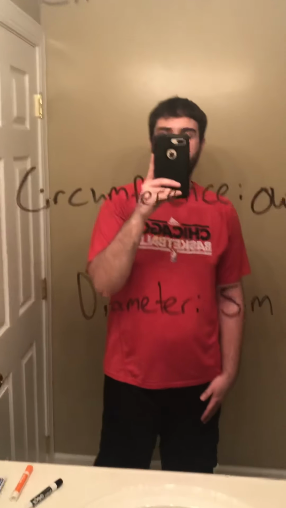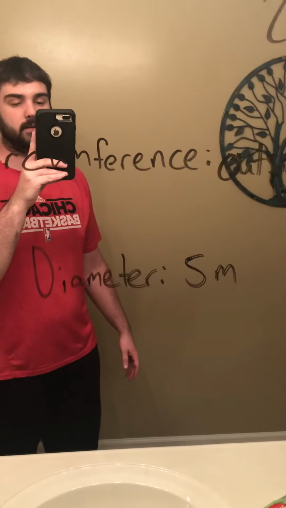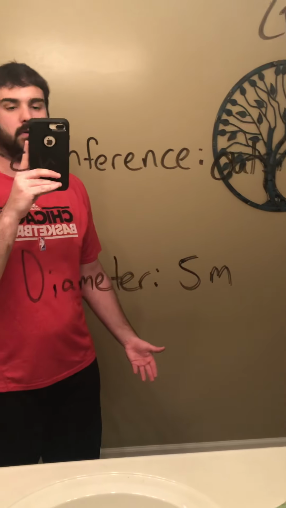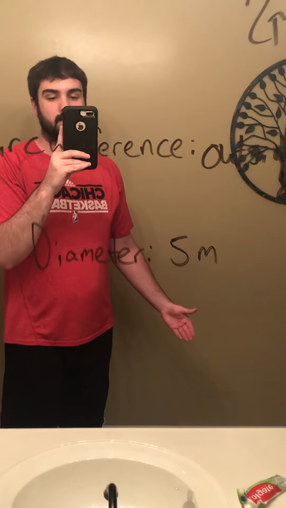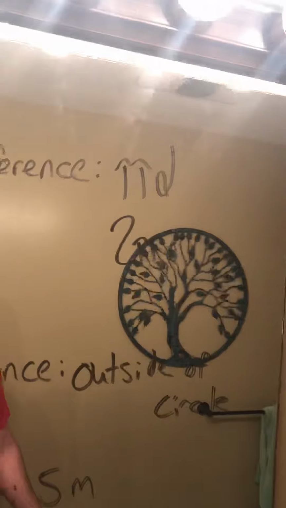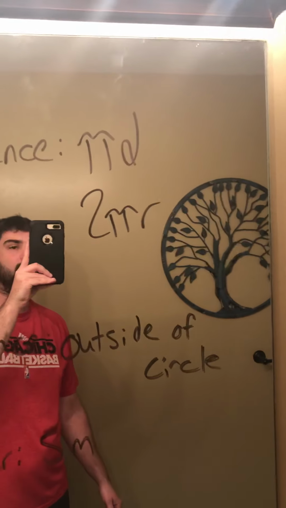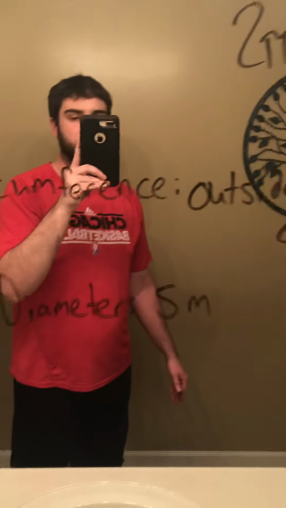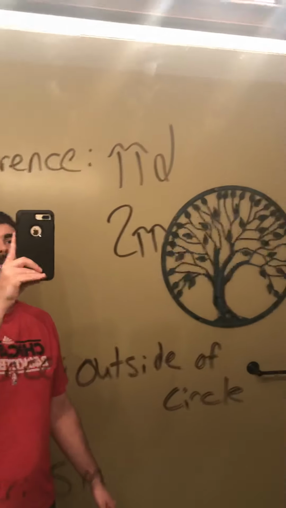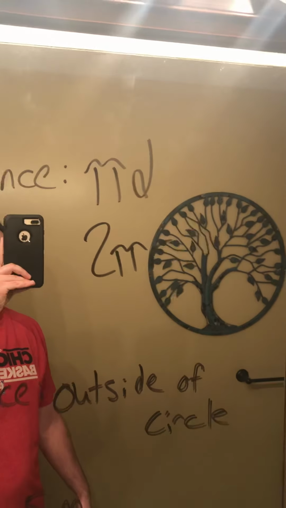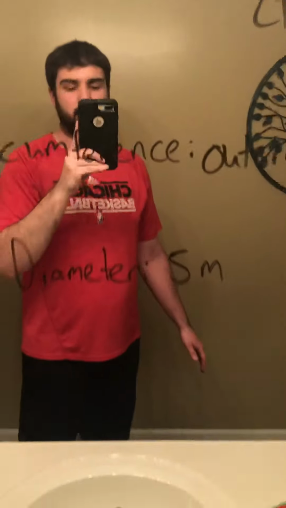So let's just do an example. If the diameter of a circle is 5 meters, what would the circumference be? Just look at your two formulas. You have pi d and you have 2 pi r. Since you know the diameter, you just want to do pi times the diameter. Use that formula.